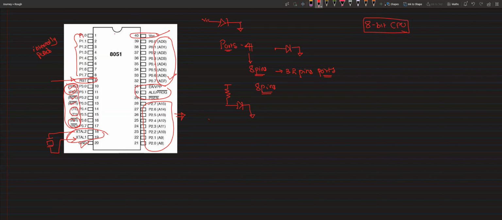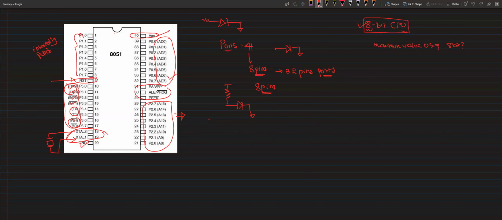All the operations that happen inside the 8051, the addition, subtraction, registers, are all 8-bit.